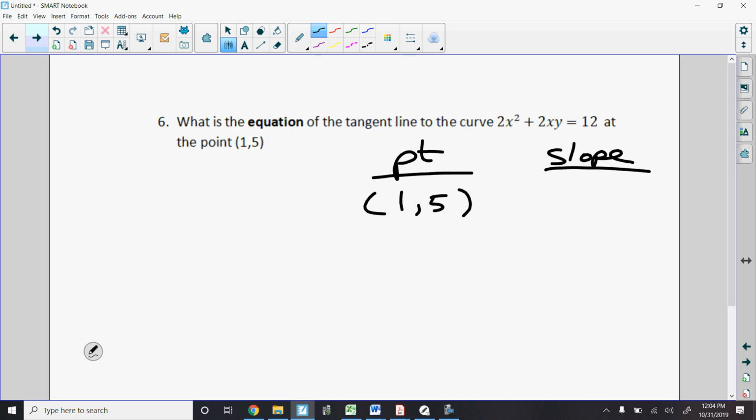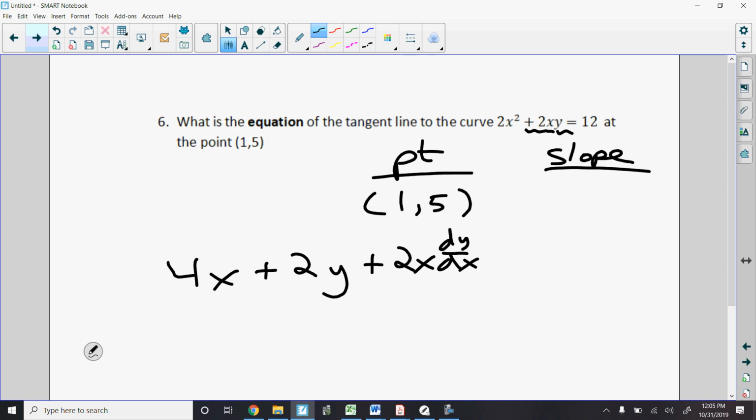So starting with 2x squared, its derivative is 4x. The next one is a product rule. So the derivative of the first is a 2 times the second y plus the first 2x times the derivative of y, which is 2y dx.